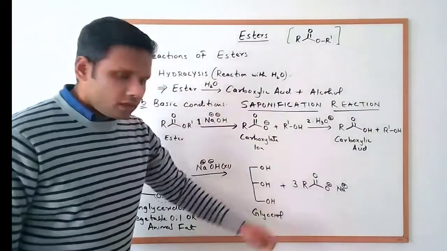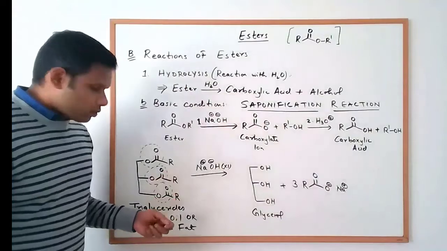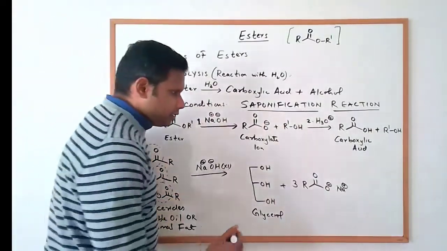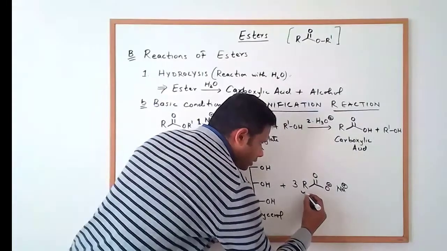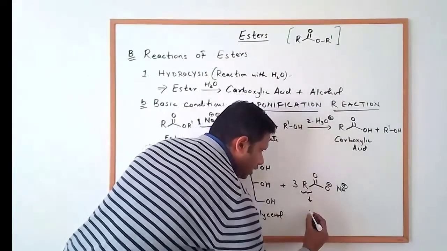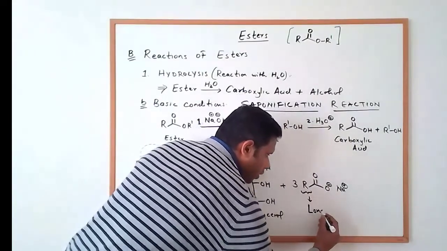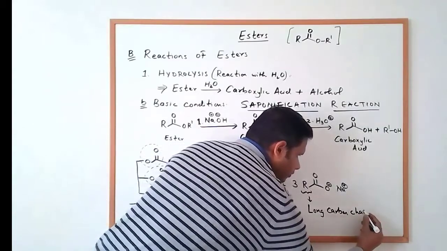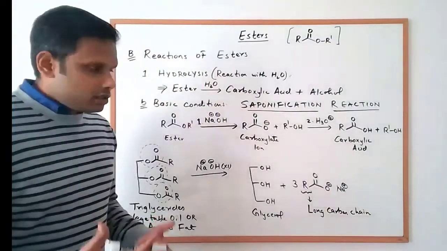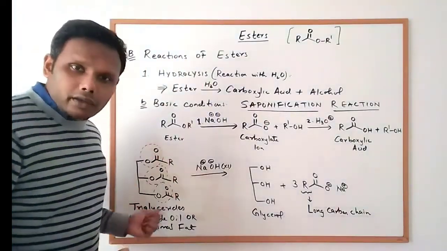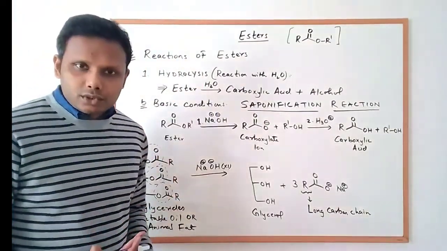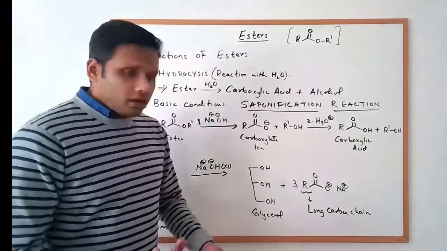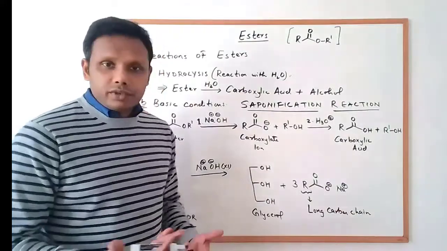Okay, what's special about these esters is that the R group here is a long carbon chain, and depending on the oil or the fat that you're using, they could be 10 carbons or longer, up to like 20, 22, 24 carbons.